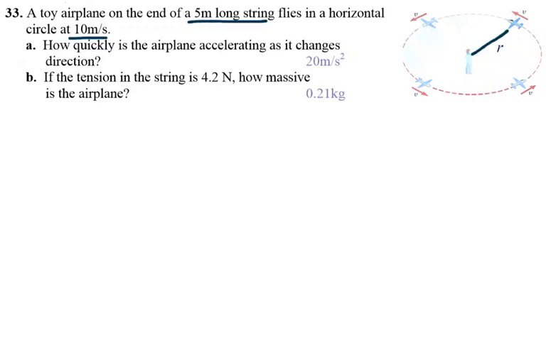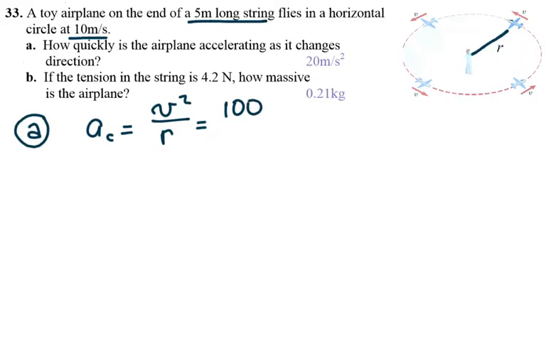When they say how quickly accelerating, they're looking for centripetal acceleration. So centripetal acceleration is equal to v squared over r. They give you velocity, which is 10 squared, and the radius is 5 meters. So that gives me 20 meters per second squared.